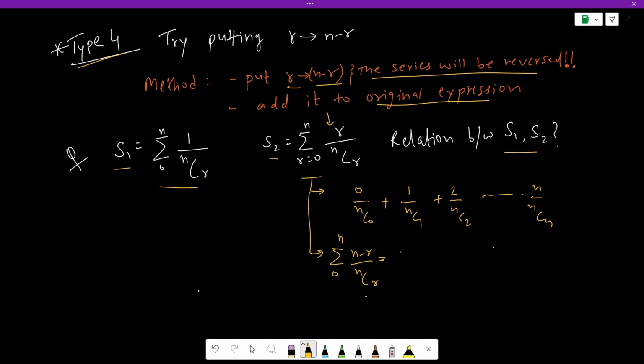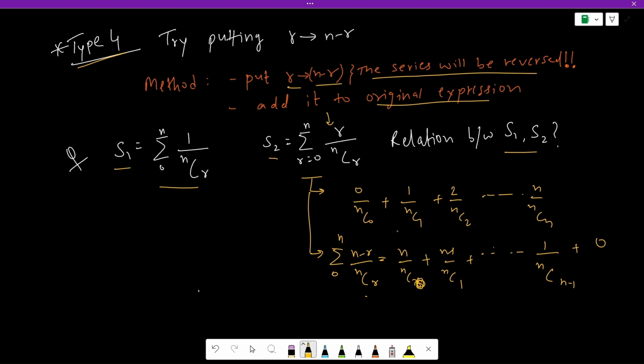Now after opening this expression, this will be n by nCn plus n minus 1 by nC n minus 1, and so on, till 1 divided by nC n minus 1 plus 0.